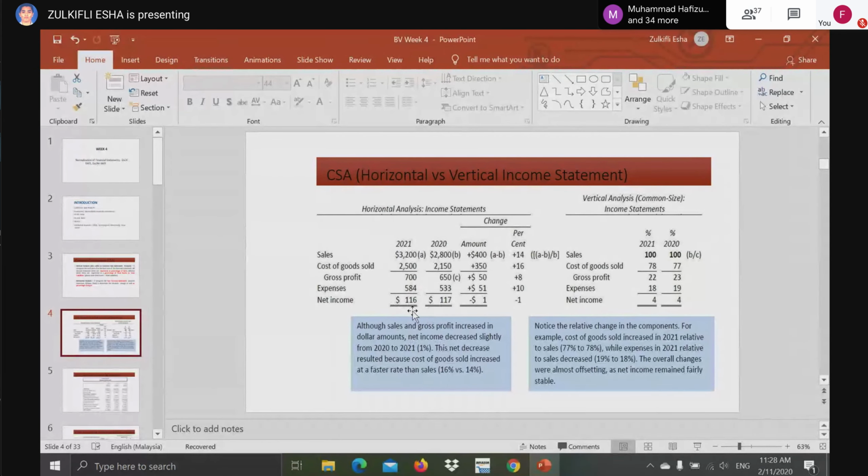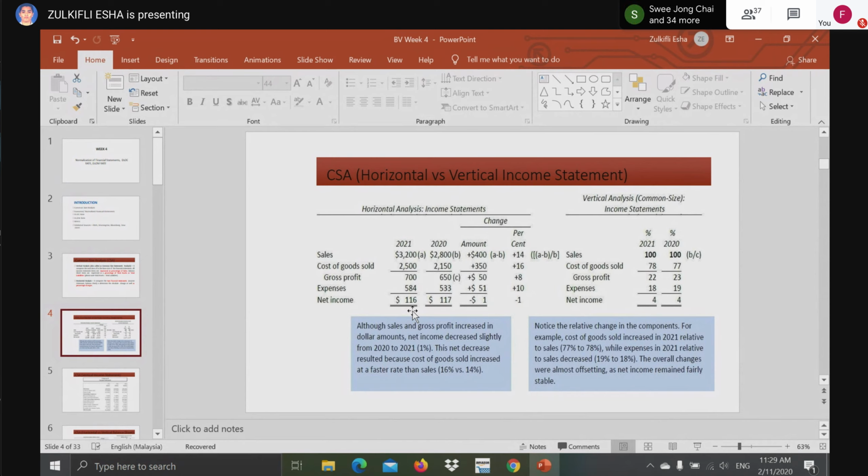I'm not sure whether you still remember or not. When we started doing this subject a few weeks ago, I did mention that as far as profit margin is concerned, in order to increase our net income, we need to increase our sales, but at the same time, we need to decrease or reduce our expenses.